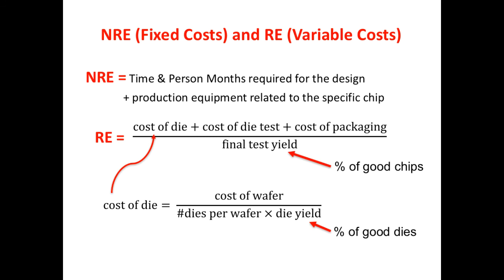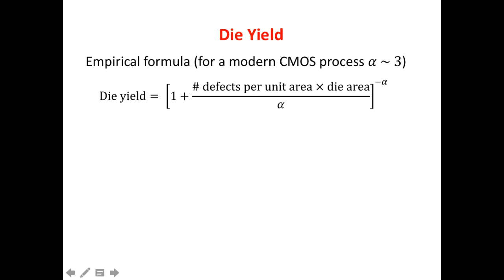So there is in production an empirical formula for die yield, which is essentially this one. The die yield is the inverse of 1 plus the number of defects per unit area times the die area divided by 2, to the power of alpha, so (1 + (defects per unit area × die area)/2)^(-alpha), and this alpha is equal to 3 for a modern CMOS process.